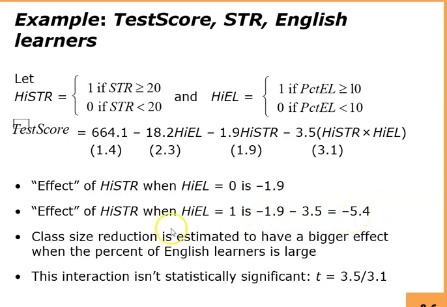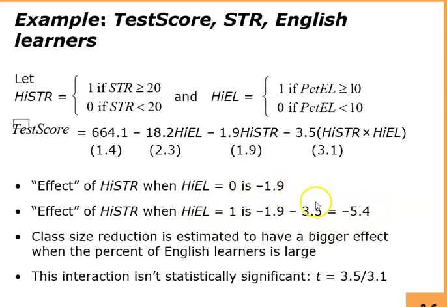So let's see what these two effects actually mean. It simply means that when high EL is equal to 0, meaning when the classroom has a lower percentage of English learners, the effect of increasing the student-teacher ratio is different from when there is a higher percentage of English learners in the classroom.